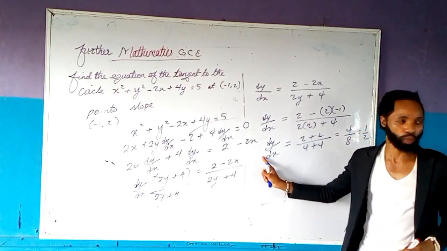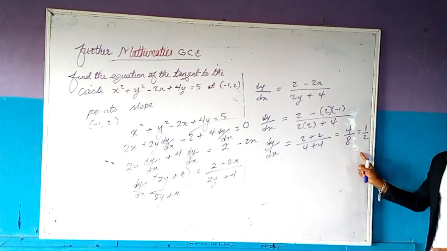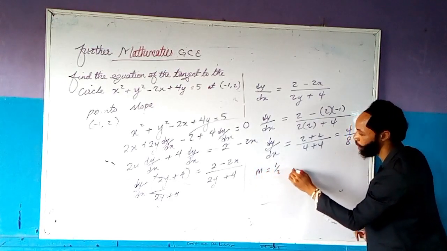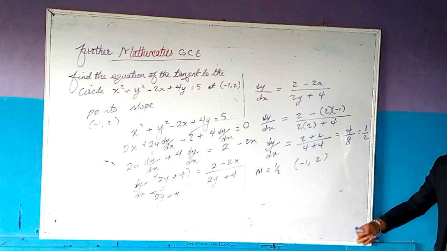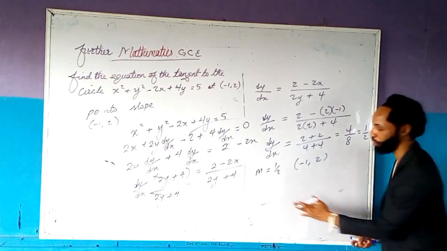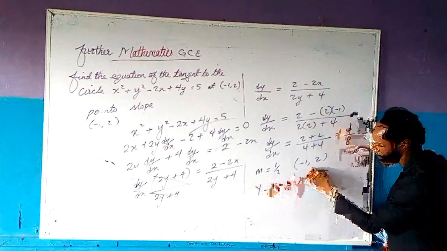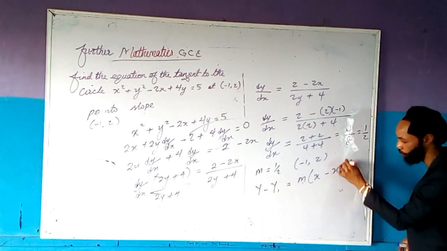Now this is our slope. Our slope is 1 over 2, and our point is negative 1, 2. Now we can get our equation. The equation is going to be y minus y1 equals m open bracket x minus x1.